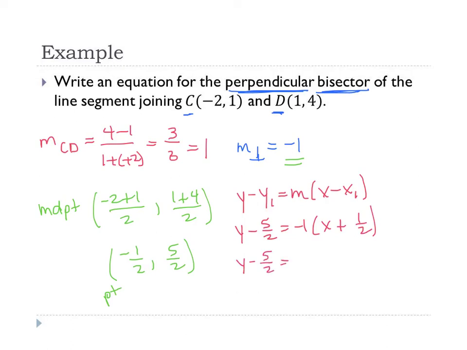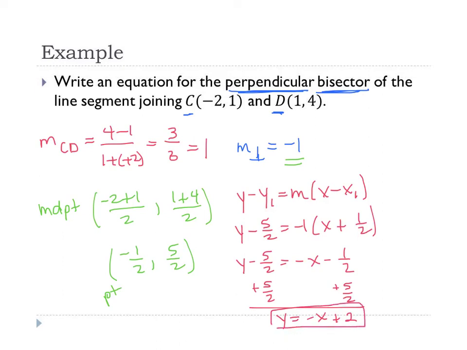Okay, I'm going to distribute, because I really want to change this over into slope-intercept form. So I distribute the negative 1 and add 5 halves. Negative x plus 2, because that would be 4 halves when you add those together.